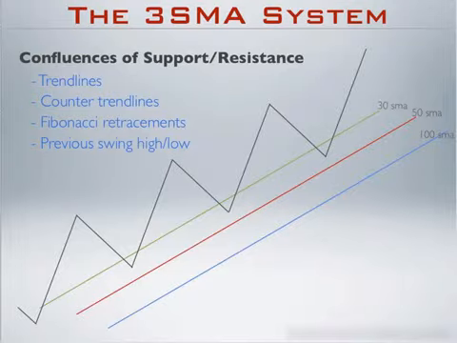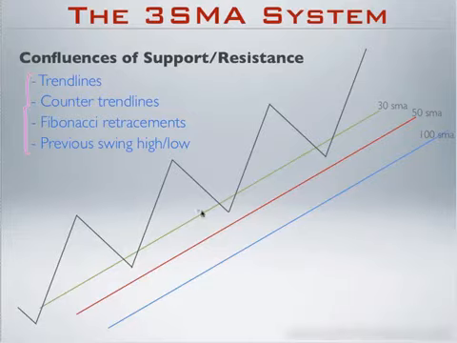Now, throughout the last few videos, we've established that we want to search for bounces off the dynamic area of support and resistance, in order to hopefully ride price for a whole new swing in the direction of the trend. Now we are implementing a whole new element: confluences.